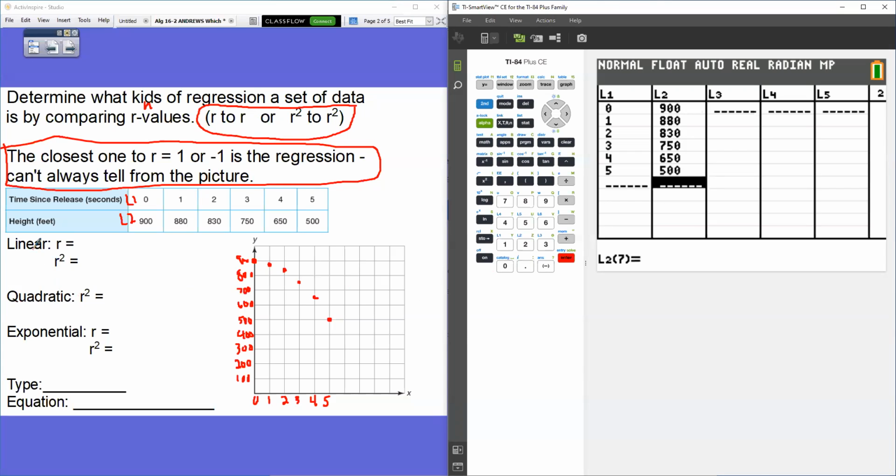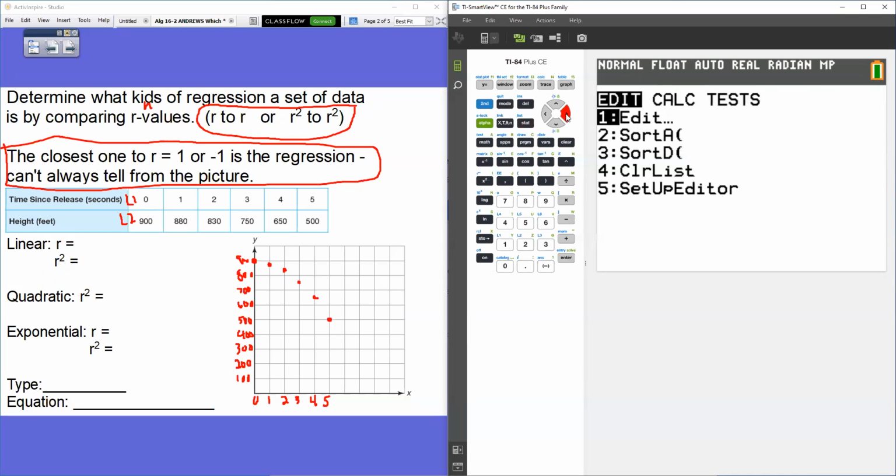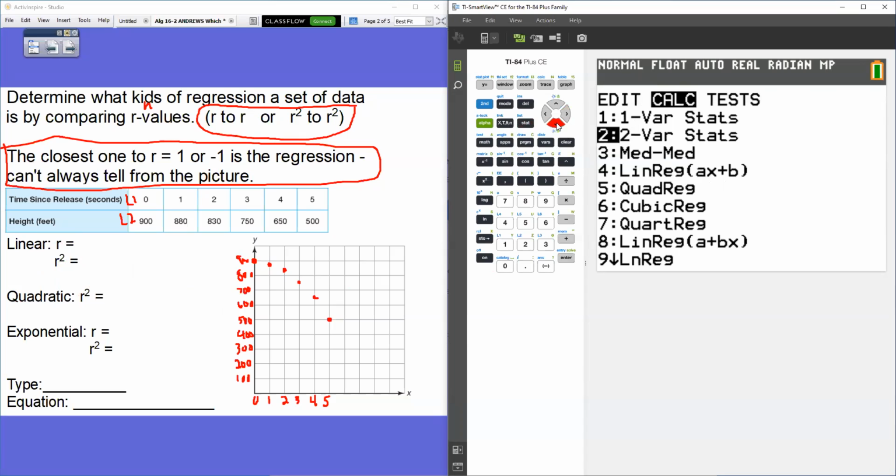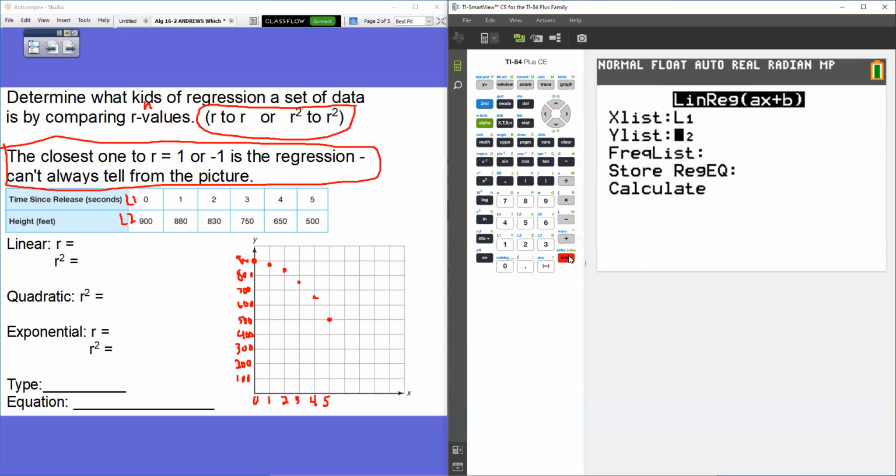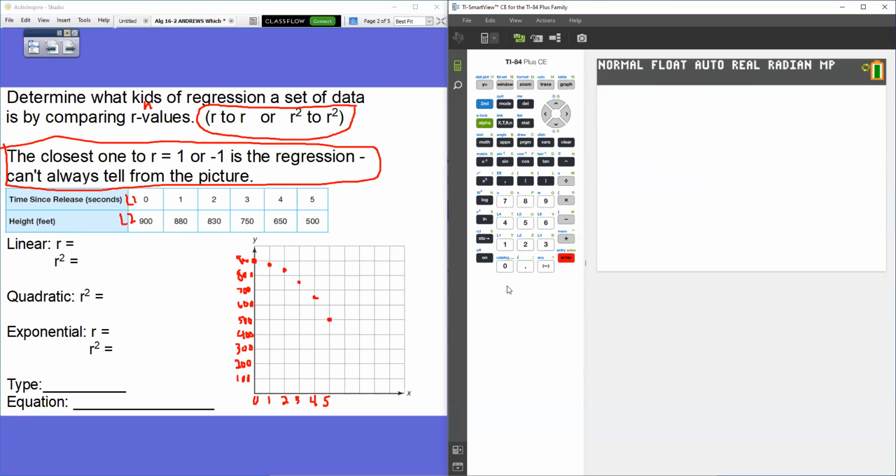We have to do all 3 different types of regressions on this data and find the R and the R squared. So we're going to go to Stat Calc, and we're going to do our linear regression first. We go down to number 4 and hit enter. We want L1 and L2, so we go down to calculate.